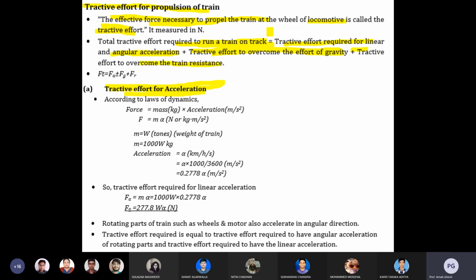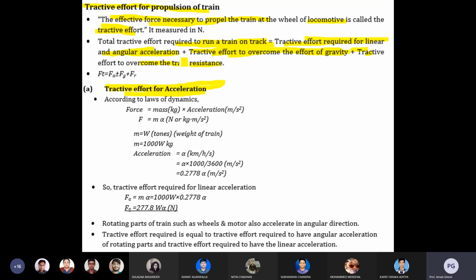So the first condition is the tractive effort required for linear and angular accelerations. The total tractive effort depends upon three factors. First factor is acceleration, linear and angular. Second factor is overcoming the effect of gravity. And the third one is the tractive effort to overcome the train resistance, meaning friction.